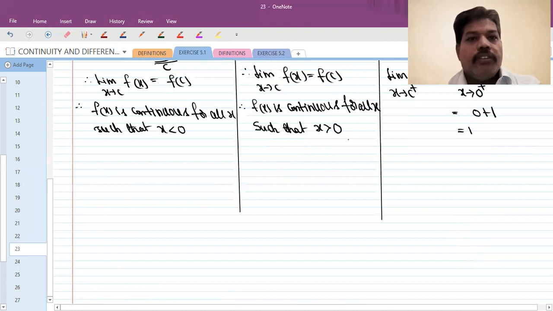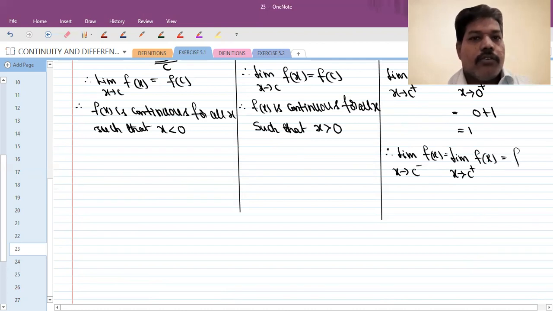At the end, we can conclude that the limit x tending to c minus of f of x is equal to the limit x tending to c plus of f of x, which is equal to f of c.